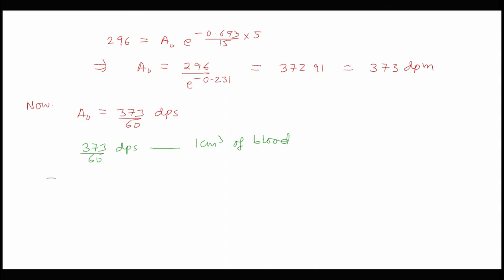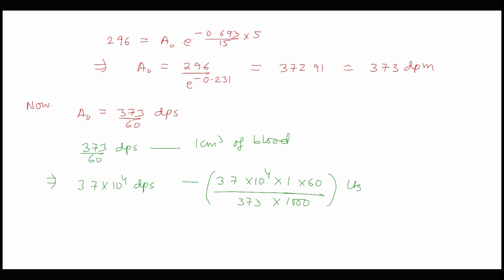So the activity of 3.7 into 10 to the power 4 disintegrations per second will be shown by 3.7 into 10 to the power 4 into 1 by 373 into 60 centimeter cube of blood. So we divide by 1000 to obtain the answer in liters. On solving, we obtain a value equal to 5.95 liters, which we can approximate as 6 liters of blood in the human body.